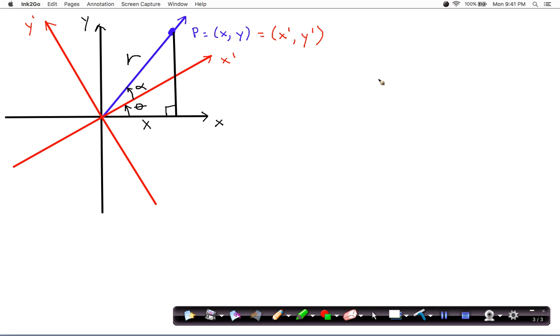So x is equal to r, as you probably remember from working with polar coordinates, x equals r cosine of this angle right here. And we can see that that angle is theta plus alpha.